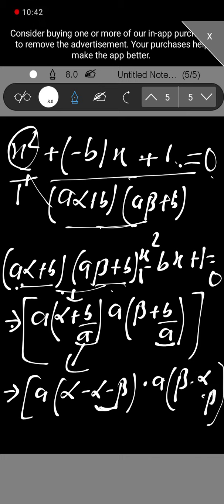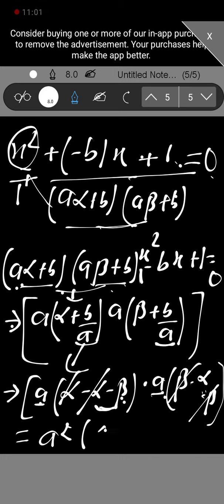So when you add, alpha is cancelled and beta is cancelled. You multiply the values: 1a 2a, that means when we multiply them we get a square times, here we have minus ka b, and plus minus ka alpha, and minus ka beta minus ka alpha. So we get alpha into beta, because minus into minus gives plus.